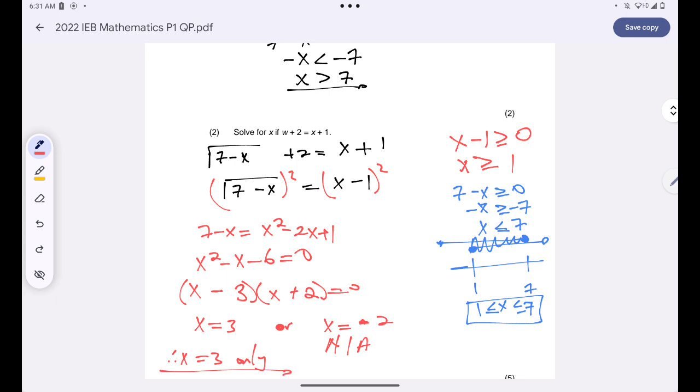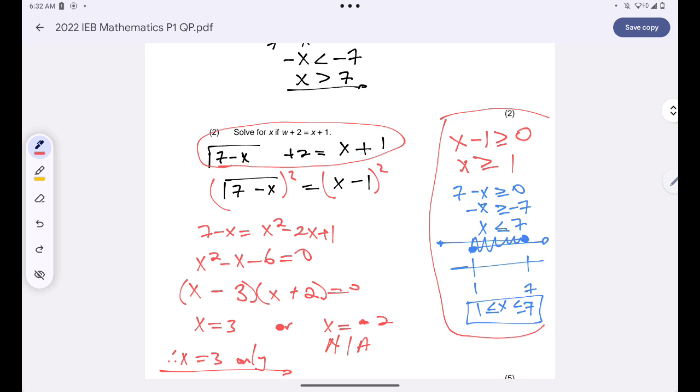Are you together? If, guys, you don't want to take the route of finding the restriction, after solving for x values, just substitute them into the original equation. If you find your left hand side to be equal to the right hand side for that x value, then that x value is valid.